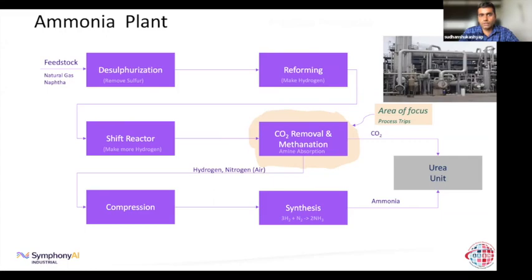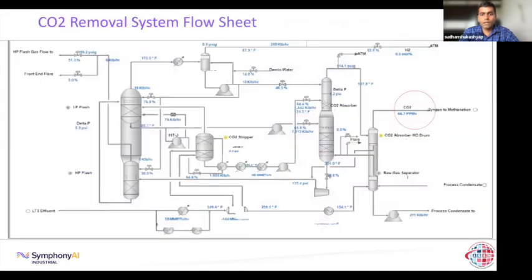This is a process flow diagram of the removal system. This is a CO2 absorber, an amine-based absorption system where you pass amine from one side and the gases go upward.